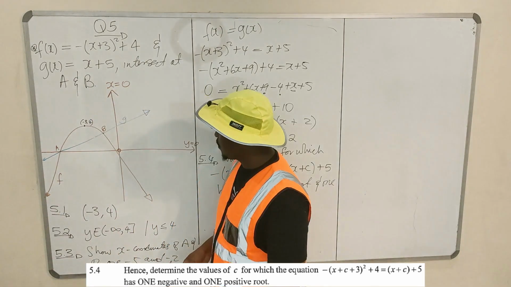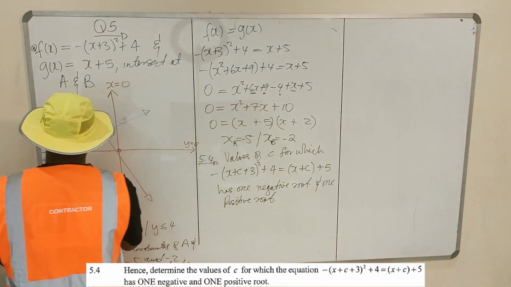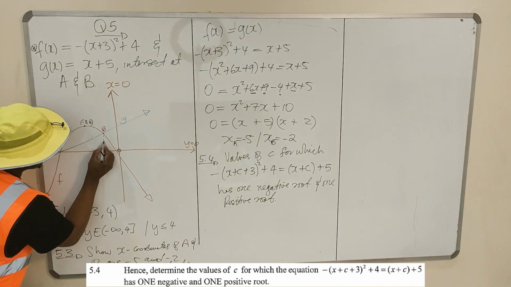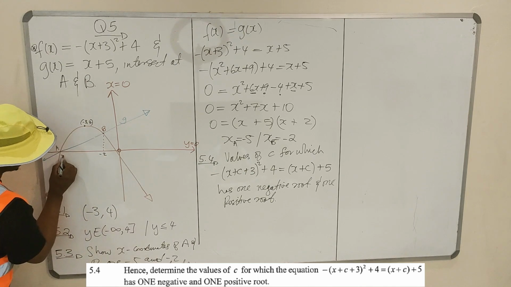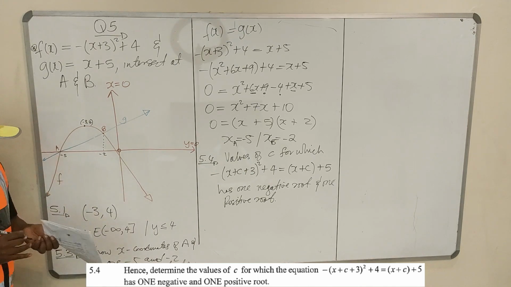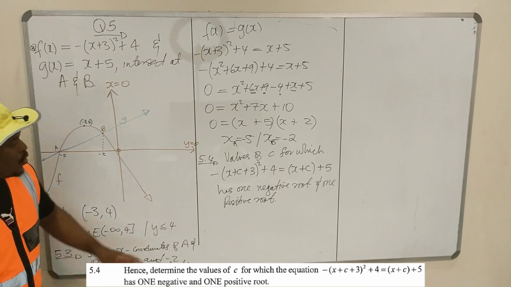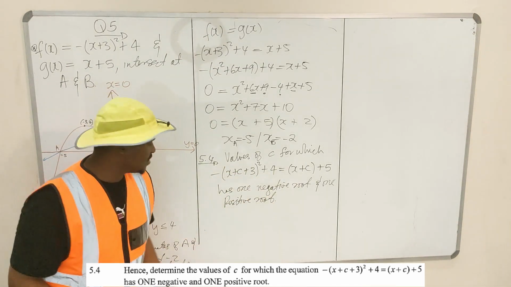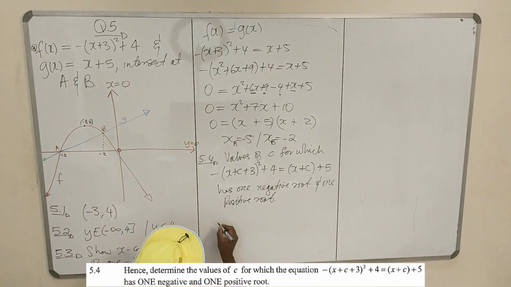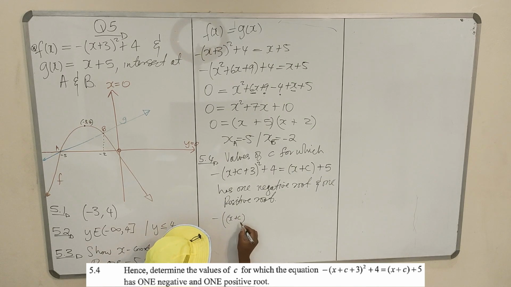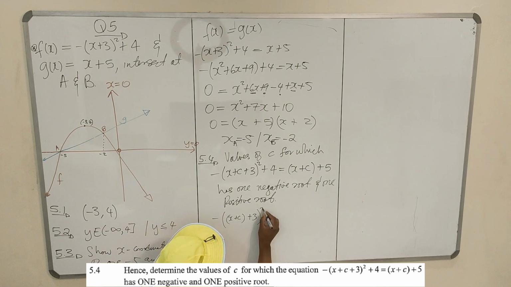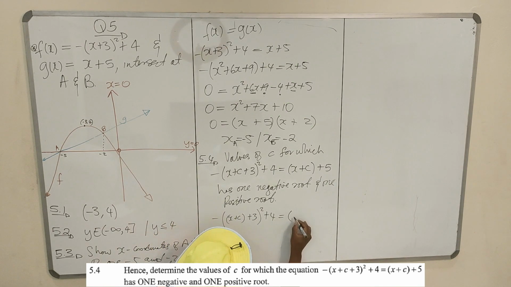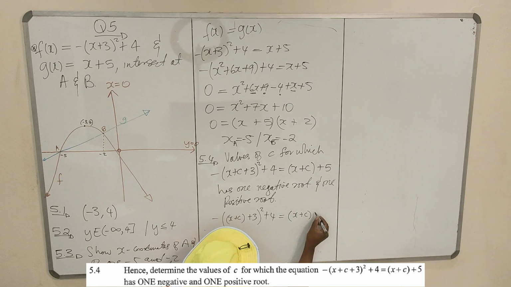Okay. If you look here, here are your roots for this equation, this one and that one over there. So it was minus 5 and minus 2. Are you happy? So this thing here is a horizontal shift. How do you see it? You say, okay, this is negative (x plus c plus 3) all squared plus 4 is equal to x plus c plus 5. Do you understand? Yes.